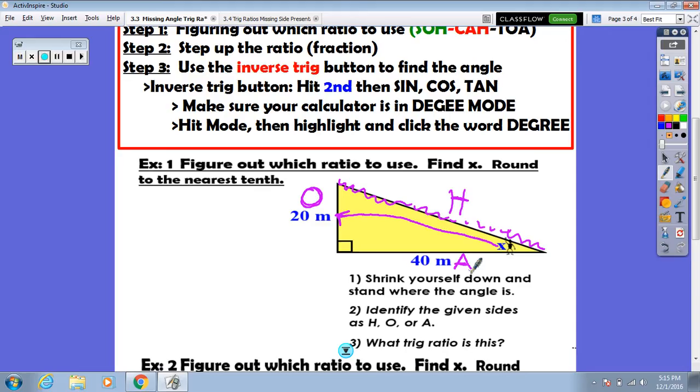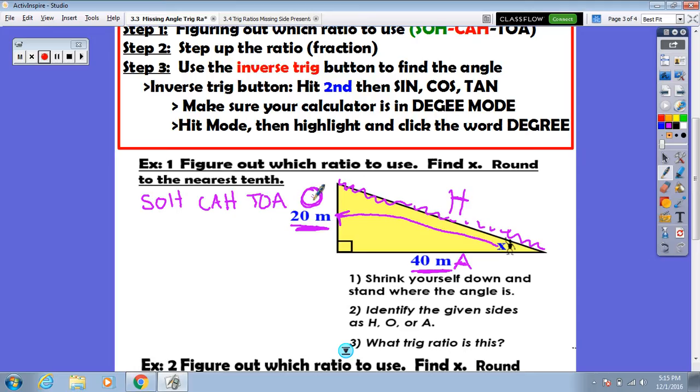So once we've done that, now we need to figure out, based on the sides that they gave me, which is 20 meters here and 40 meters here, which one of my trig ratios can I use that requires me to have opposite and adjacent? So I'm just going to write the SOHCAHTOA thing, so that we can see which function works best for what we have.